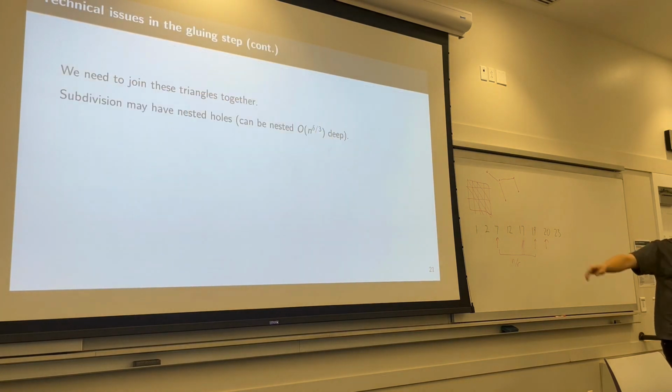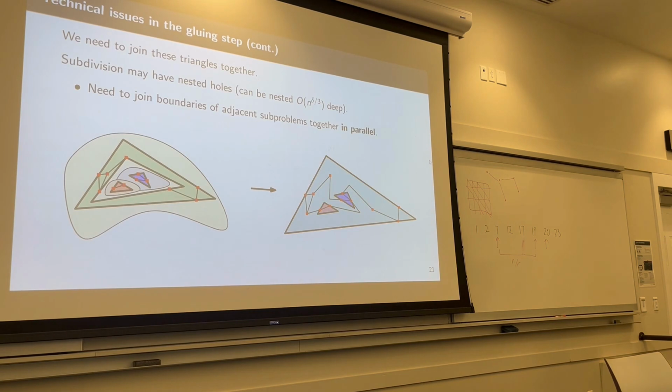So it'll be good to keep things as triangles, but we need to join these triangles together. There could be lots of triangles to join together. And then also we need to join everything together in parallel as well, which may not be so easy.